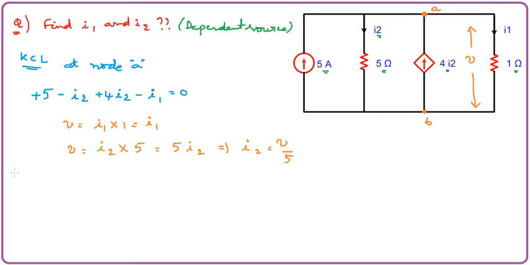If I substitute these two values in the above equation, it will be 5 plus I2 plus 4I2, so it will be 5I2. So 5 plus 5 times V by 5, minus the value of I1, which is V, is equal to 0.